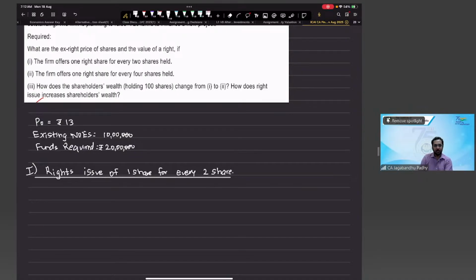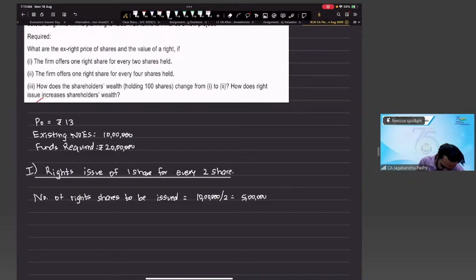We need to first get the number of rights shares to be issued. The number of rights shares is 10 lakh divided by 2, so we will be issuing 5 lakh shares.